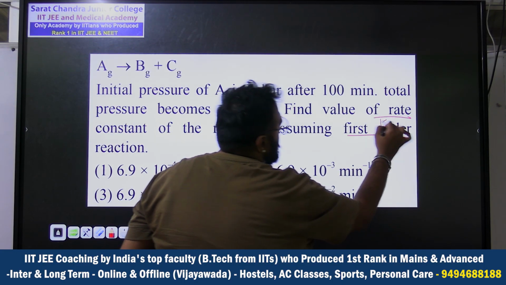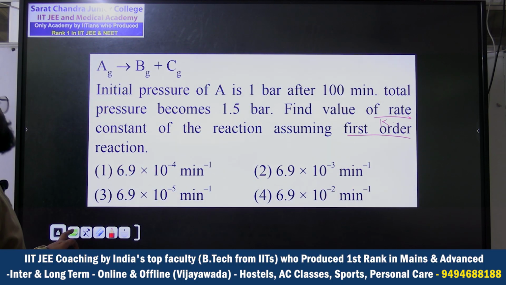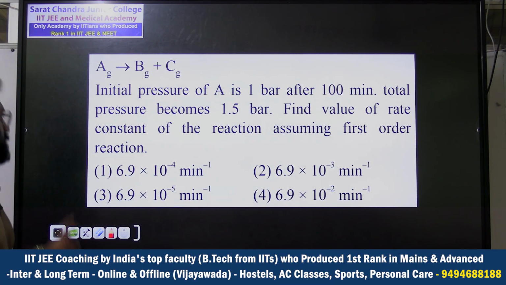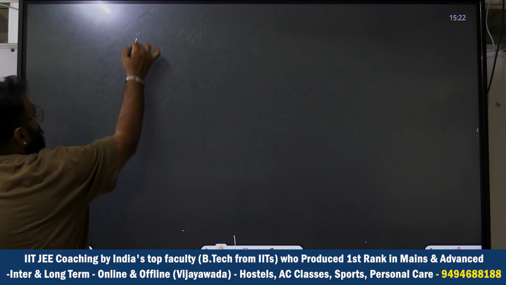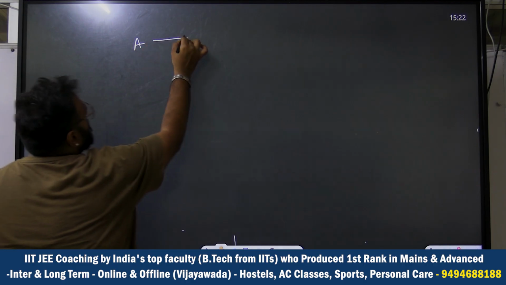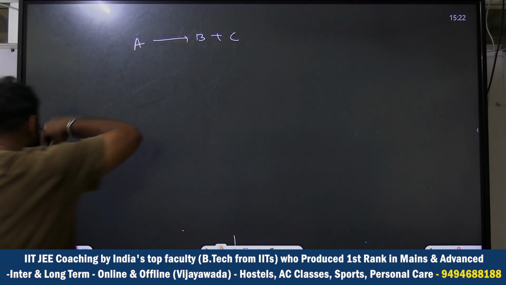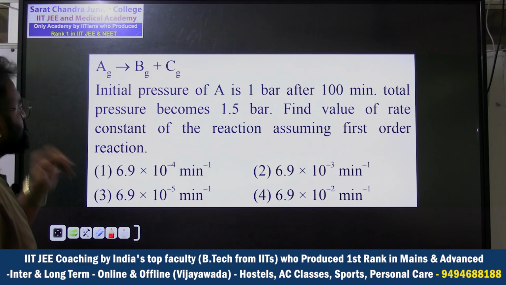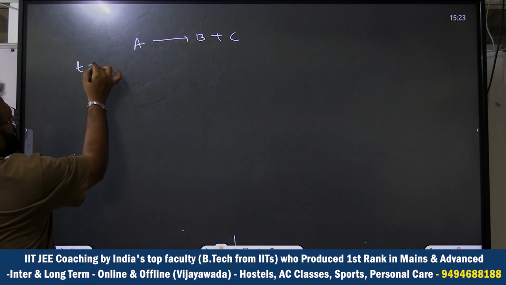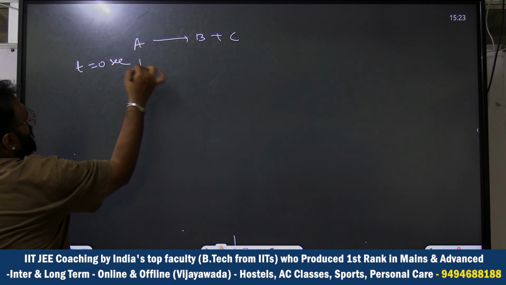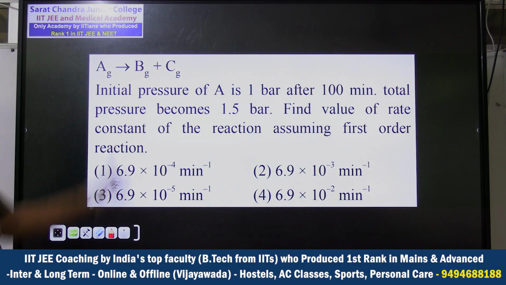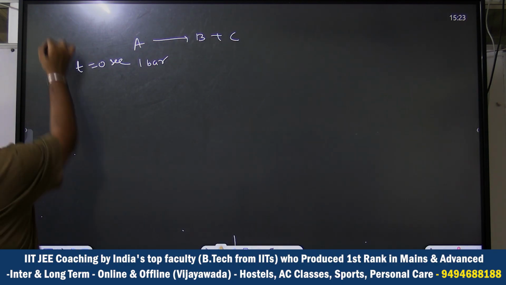Okay, chalo, let us analyze this question. What is the question saying? The reaction is given, A gives B plus C. The initial pressure is 1 bar and the total pressure becomes 1.5 bar.